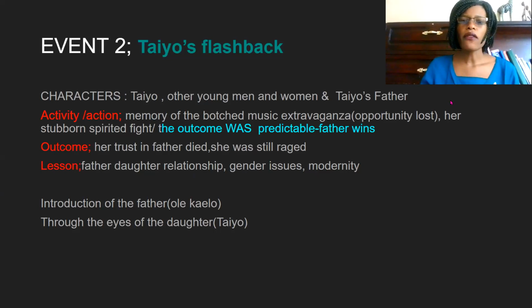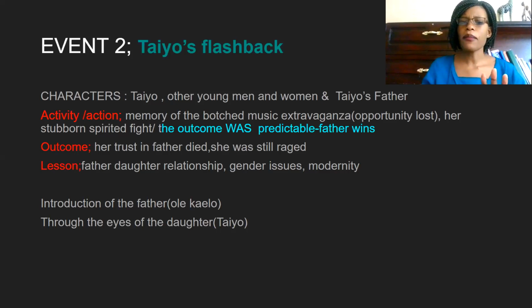There's the memory of the botched music extravaganza. She's reflecting on the opportunity that she has lost. And she's telling us that she had a stubborn spirit and she fought. But see this where I've underlined with blue. It was predictable, and the father won. She was not able to win.